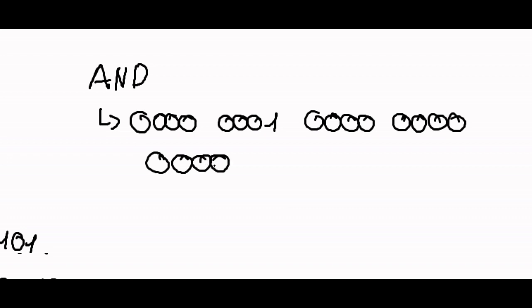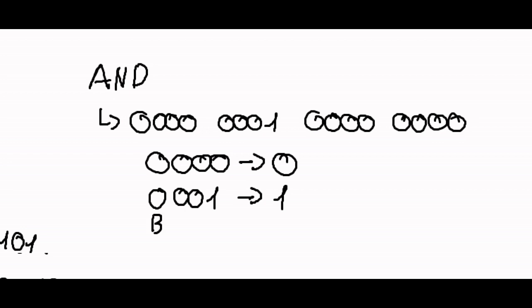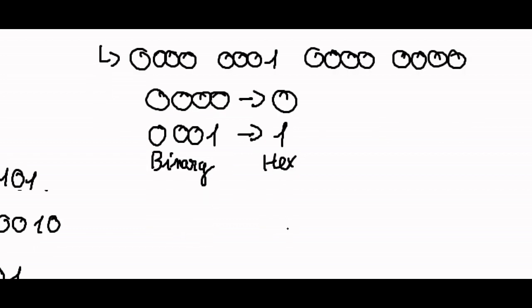Now 0 0 0 0 in binary is 0 in hexadecimal, and 0001 in binary is 1 in hexadecimal. So this is binary, this is hexadecimal, and so we can rewrite our answer to the equation in hexadecimal representation as 0, 1, 0, 0.